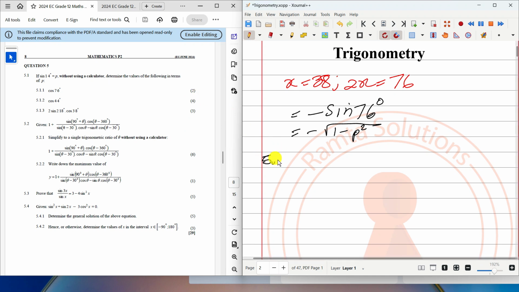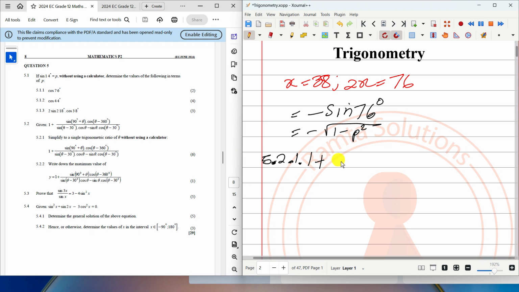Now 5.2, we are given 1 plus sine of 90 plus theta times cos of theta minus 360 degrees, over sine of theta minus 30 degrees times cos theta, minus sine theta times cos of theta minus 30 degrees. All right, 5.2.1, they say we must simplify this.